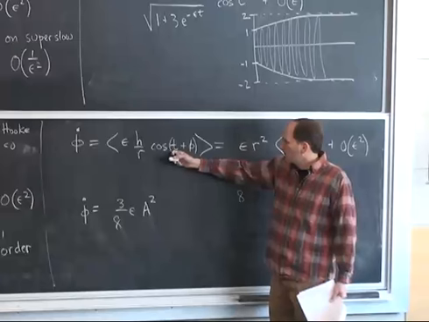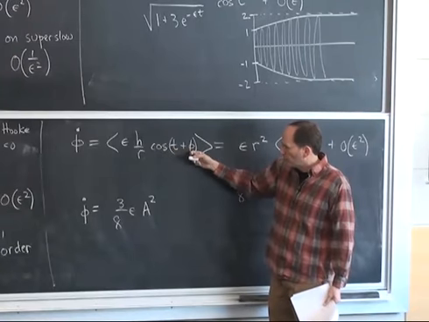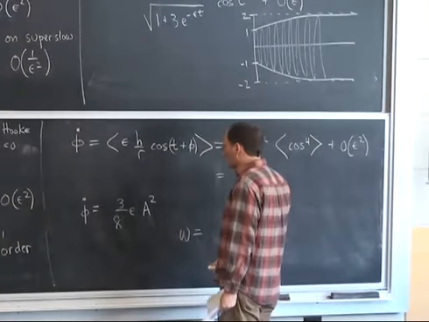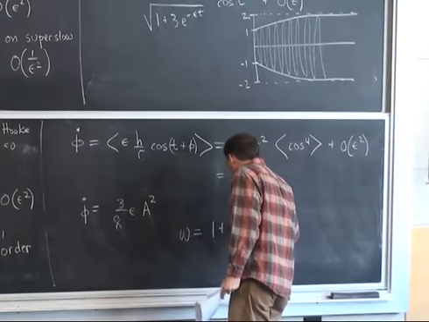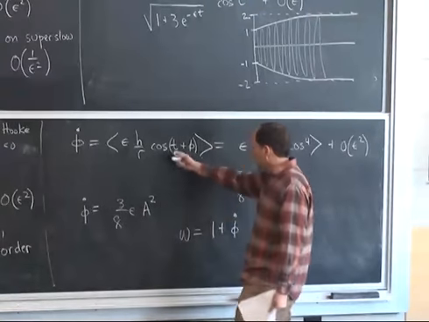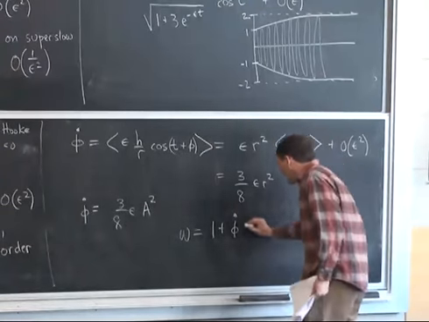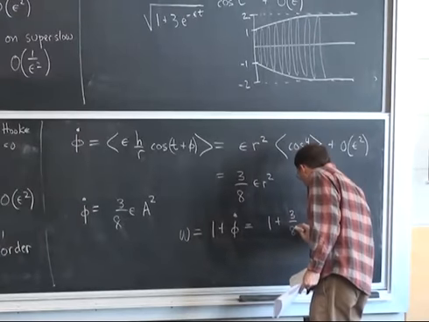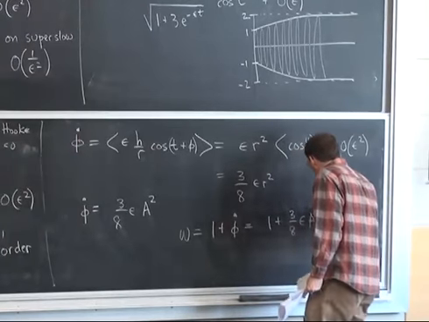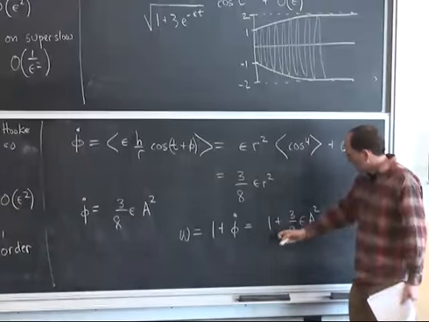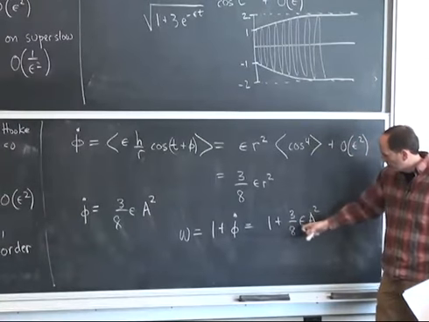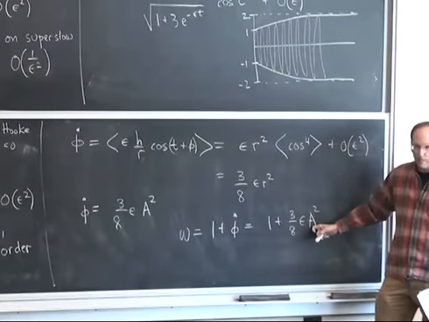The angular frequency you can think of as the time derivative of this whole expression. That is, the omega for the oscillator would be 1 plus phi dot. That is the time derivative of this. So it's 1 plus 3/8 epsilon a squared. That is, the extra correction to the frequency is proportional to the square of the amplitude.